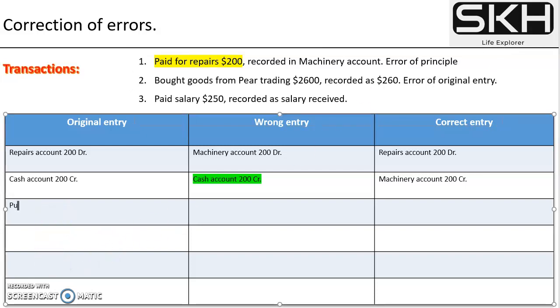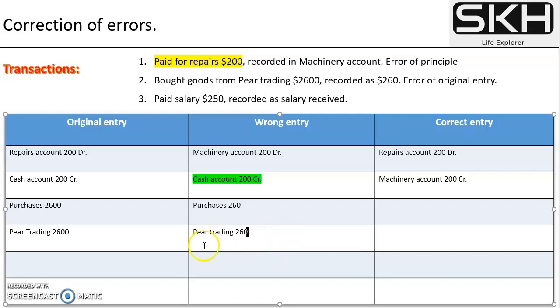The correct entry should be purchases account debit by 2600 and Peer Trading account should also be credited by 2600, but we made a mistake. We recorded purchases 260 and we recorded Peer Trading by 260.